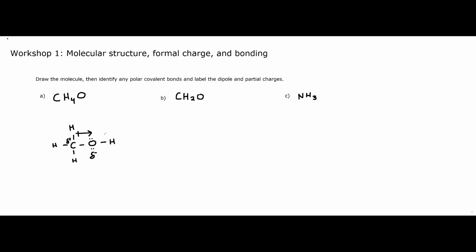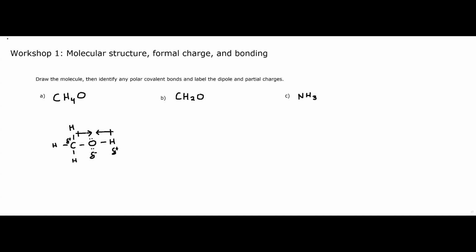oxygen a partial negative. And then what about the OH bond? The OH bond is also polar. So oxygen is pulling electron density away from hydrogen, making this hydrogen also partially positive, and the oxygen, as before, is partially negative. So we have a partially positive carbon, a partially negative oxygen, and a partially positive hydrogen.